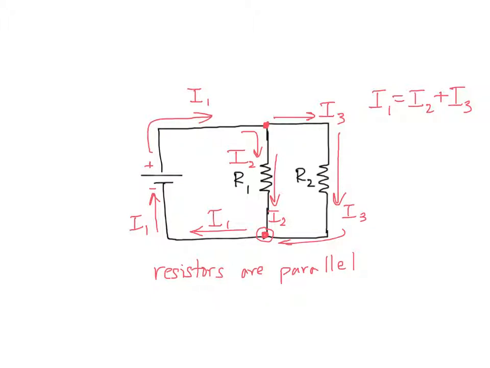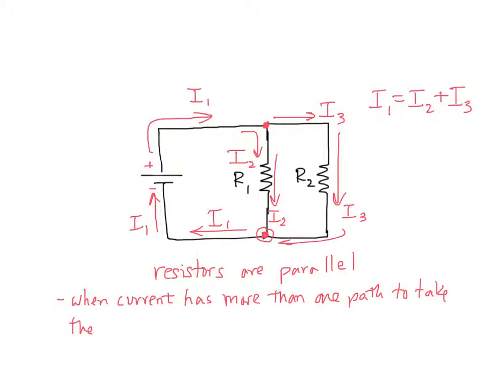But anytime the current has a choice, and I use that word as if the current was choosing, but when the current has more than one path to take, those resistors are in parallel.